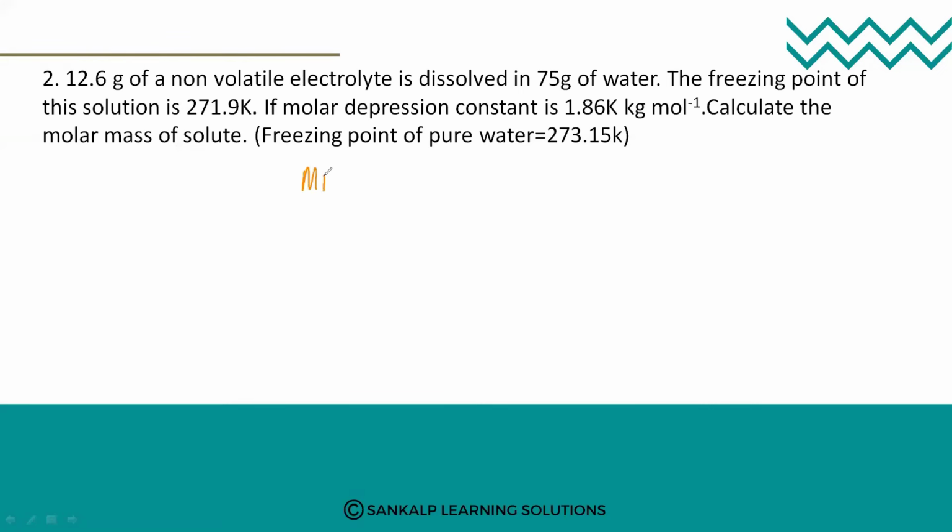So this is the formula: MB is equal to 1000 into KF into WB, upon WA into delta TF. This particular formula we are going to use and substitute.